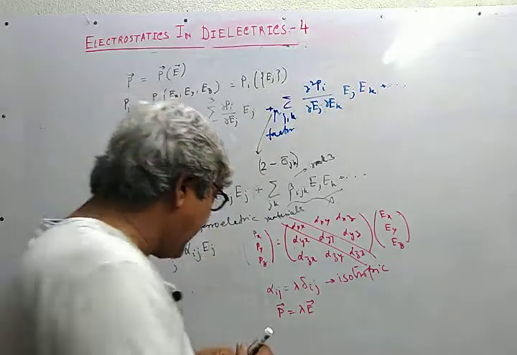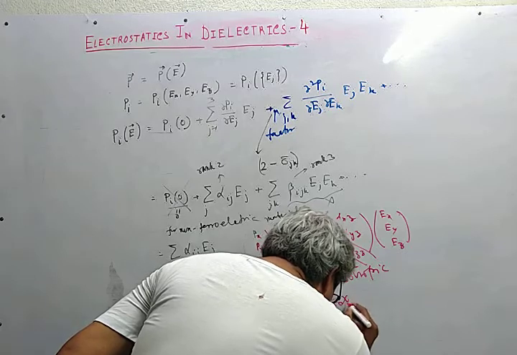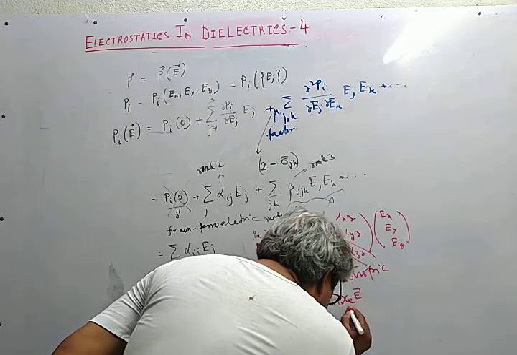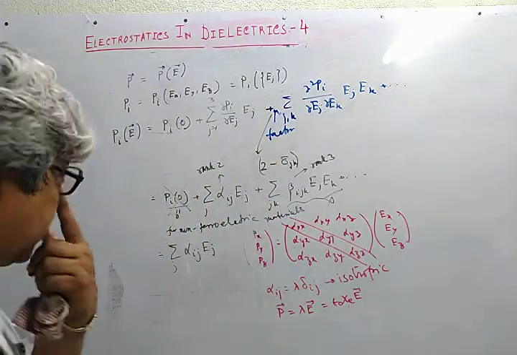And one writes it as epsilon_0 χ_e E, where χ_e is called the electric susceptibility.